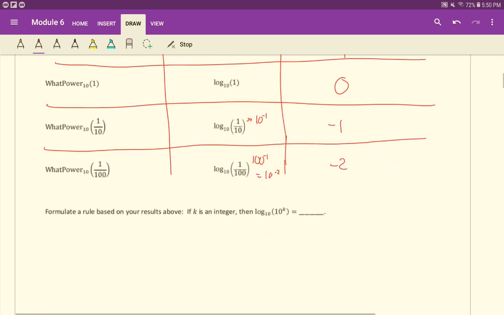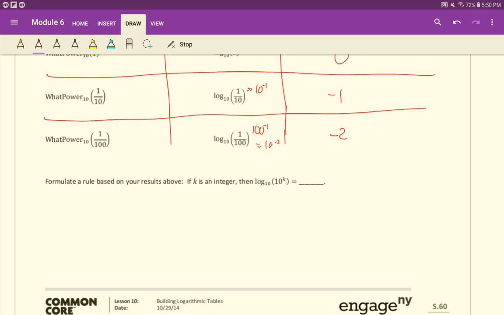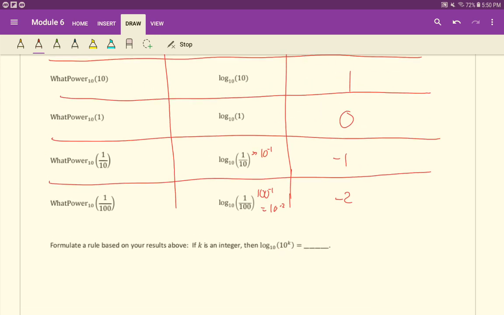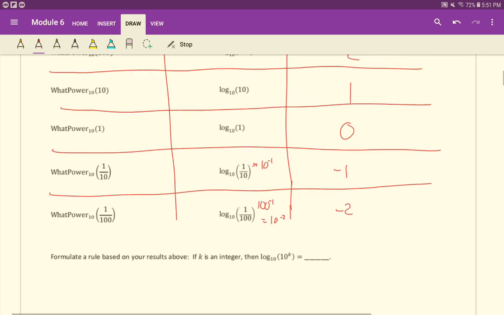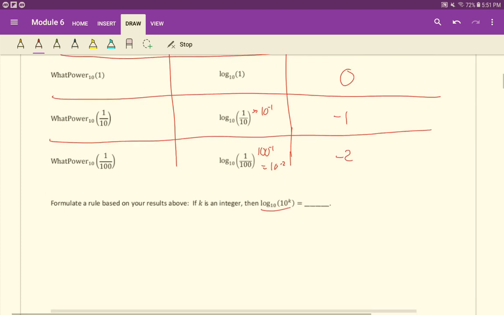So formulate a rule based on your results above. If k is an integer, then log base 10 of 10 to the k would equal what? All these up here were log base 10, and all these things were powers of 10. So 10 to what power gives you 10 to the k?